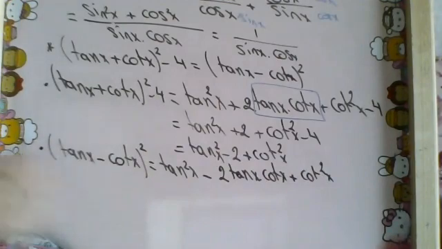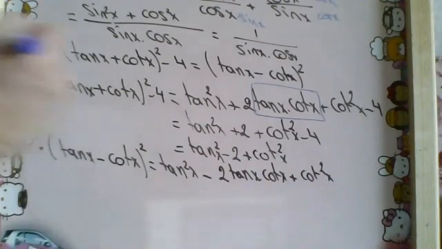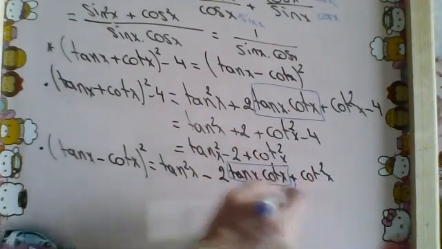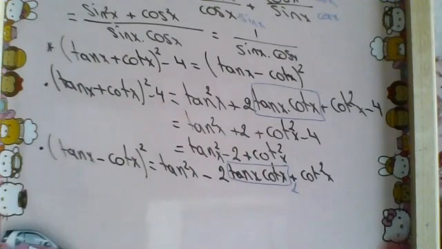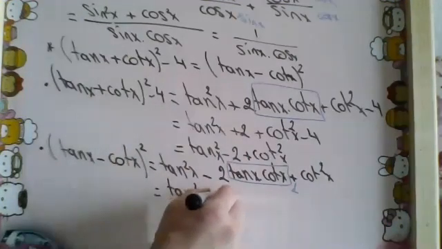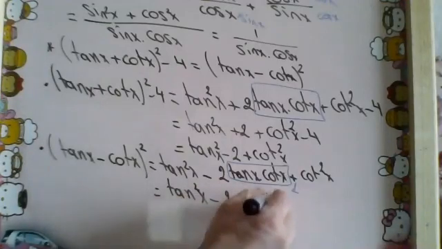Good. Now tangent x cotangent x is 1, so we get tangent squared x minus 2 plus cotangent squared x.